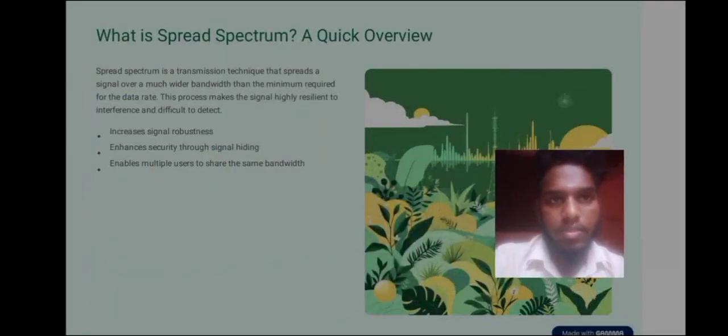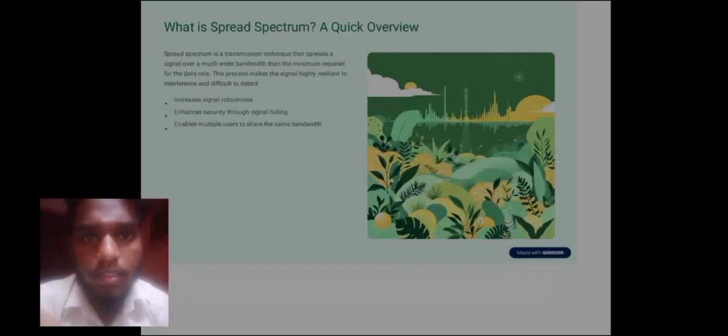First, what is spread spectrum? Spread spectrum is a transmission technique that spreads a signal over a much wider bandwidth than the minimum required for the data rate. This process makes the signal highly resilient to interference and difficult to detect. Already I said that the spread spectrum increases the range of frequency.